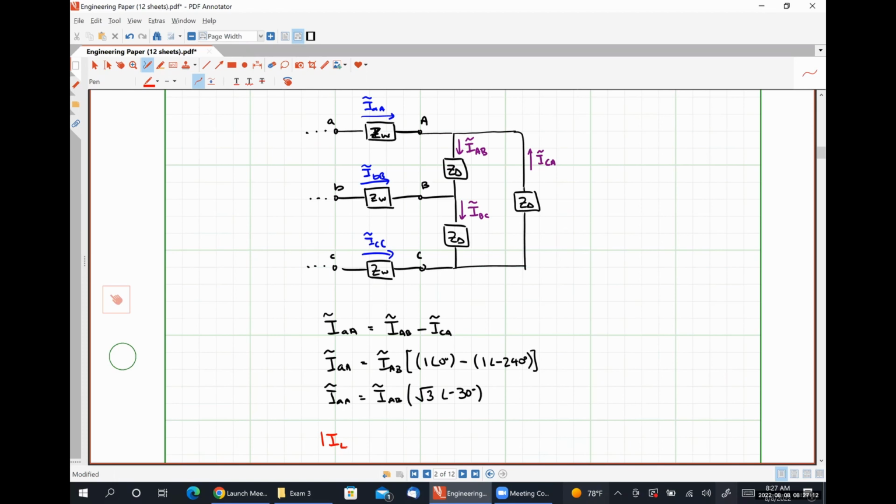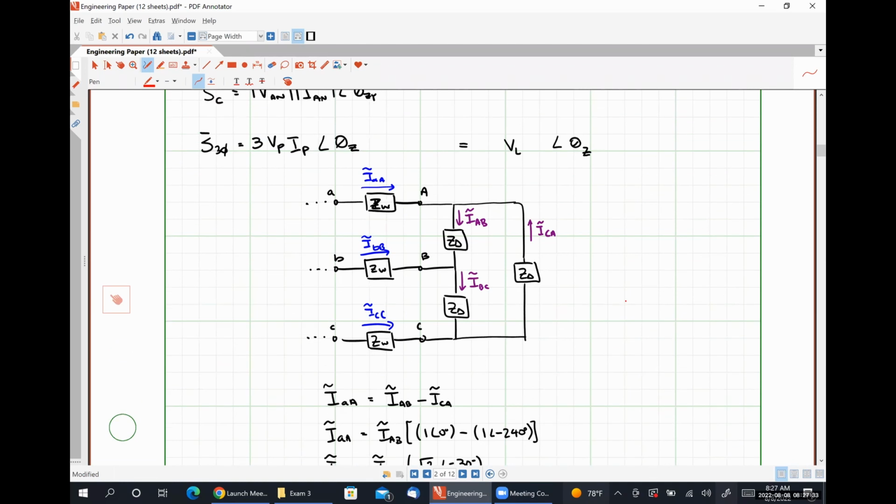What's key here, though, is that we can recognize that the magnitude of our line current is then simply square root of 3 larger than the magnitude of our phase current.